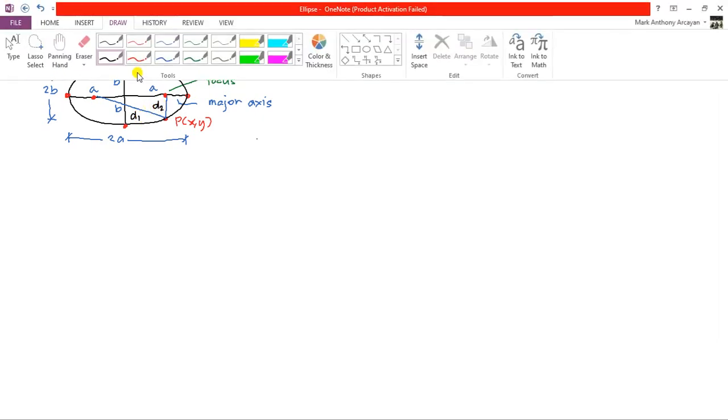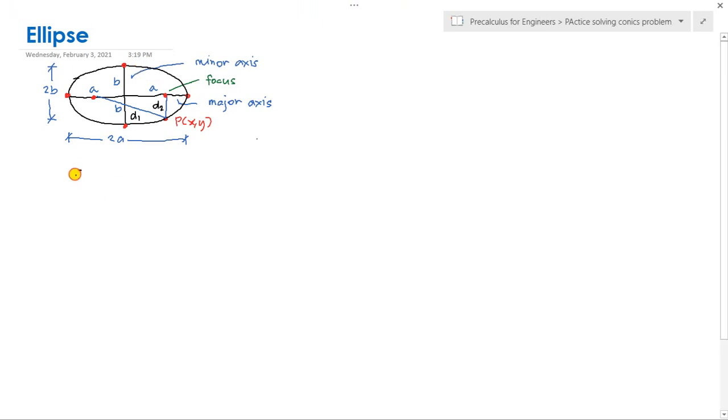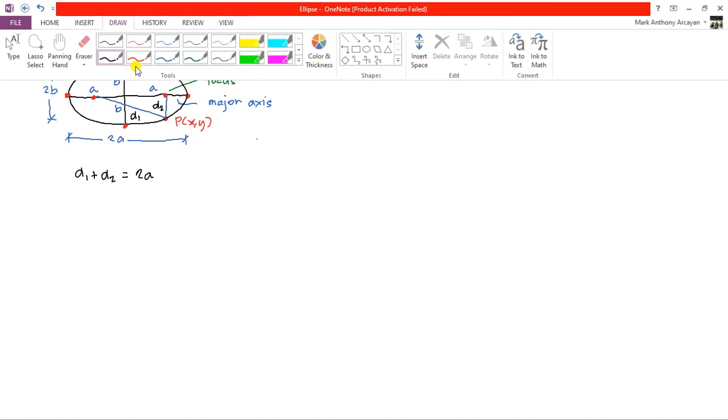So the sum D1 plus D2 is equal to the major axis 2a. So from here, with the derivation nga naa pod sa inyo ang module, you can get the equation for an ellipse, since sa equation diha nato ma-quantify ang forma or ang shape sa ellipse.